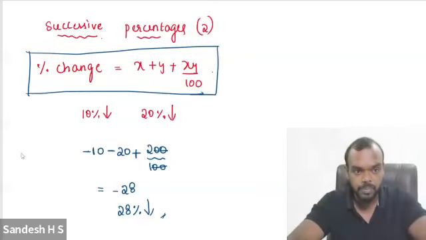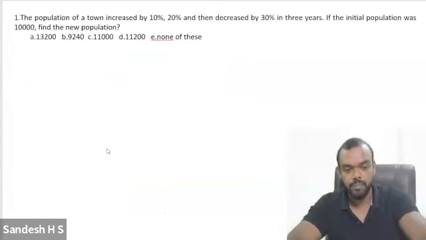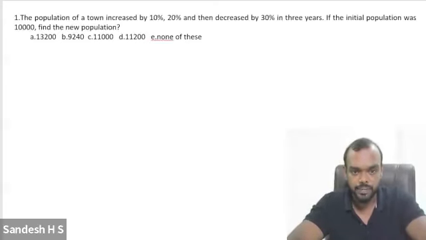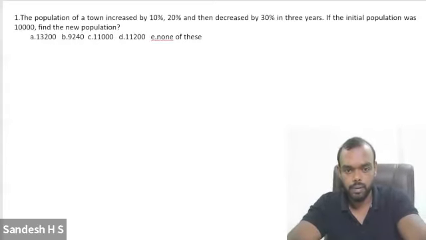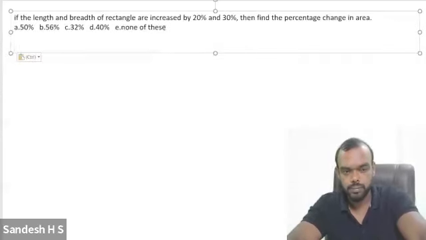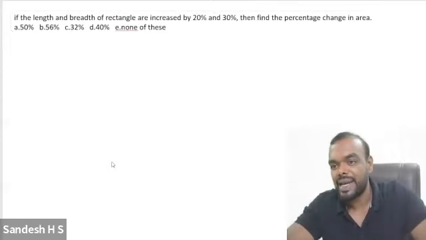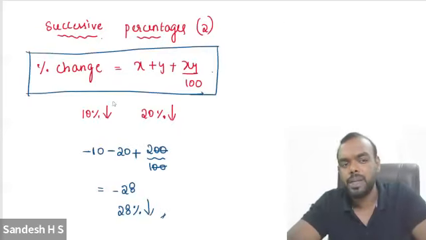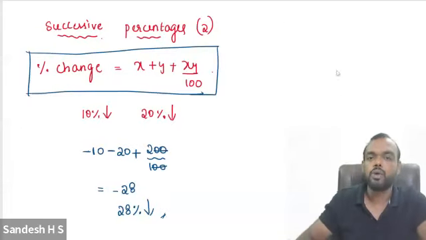Okay. Observe this question. Let us look at another question of similar kind with a slight change. If there are 3 percentages, you have to do it in this way.